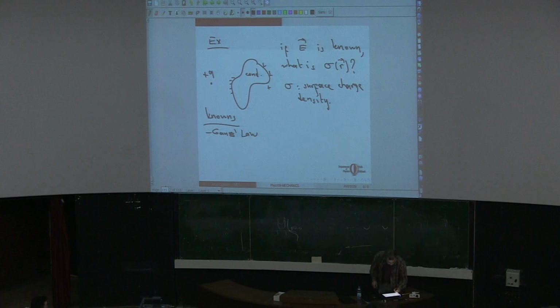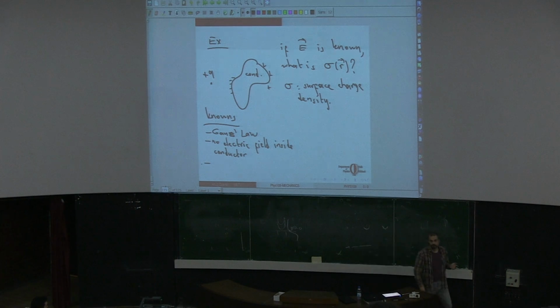Now, how can we make use of the Gauss law? What do we know about this system? Your friend has said no electric field inside the conductor. What else do we know? We have to somehow use all these known facts to relate the electric field to the charge by using the Gauss law.